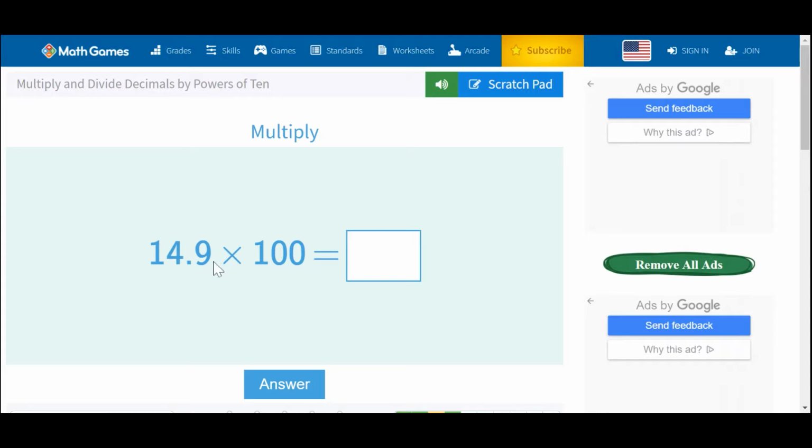Whenever you're going to move it an extra space, you're always going to add a 0. So your answer should be, we don't even need to add the decimal, so 1,490.